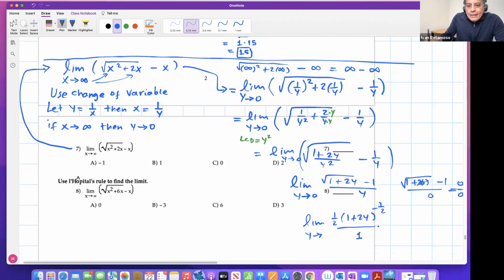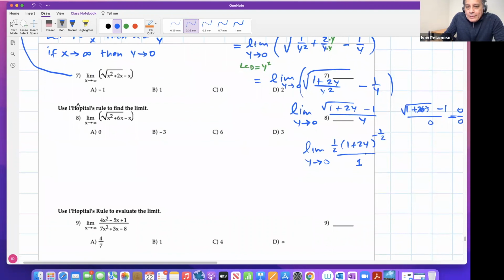Just substitute 0 in there. 1 plus 2 times 0, the 0 disappears. 1 raised to negative 1/2 is just 1. 1 times 1/2, divided by 1, is 1/2.